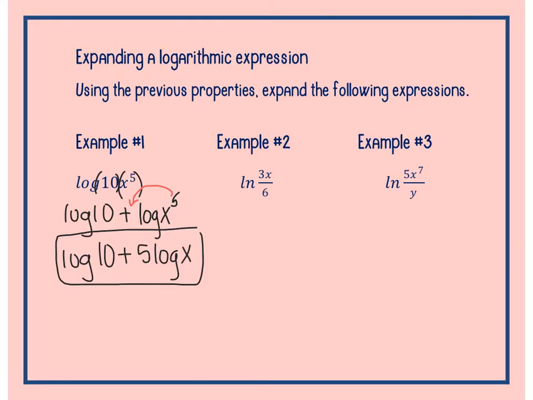So the second one, natural log of 3x minus 6. So I have the natural log of 3 times x divided by 6. So again, I have two things going on here. On my numerator, which I'm going to do first, okay? So the numerator of natural log of 3x, that is the product property, okay?